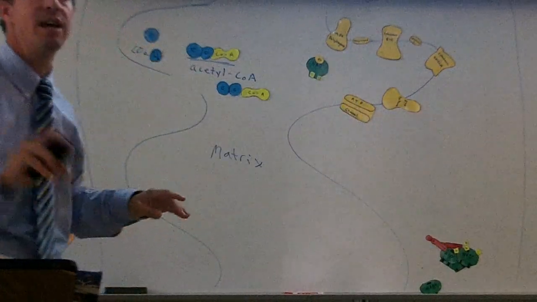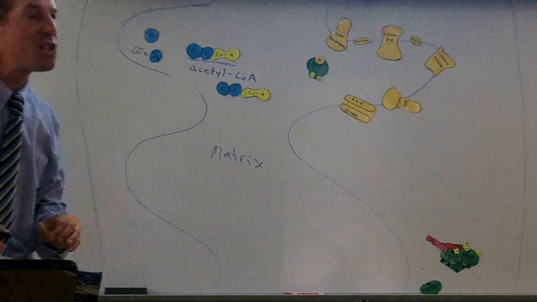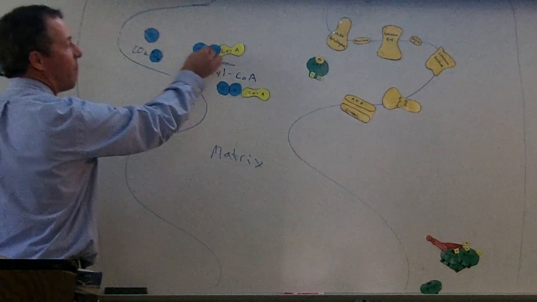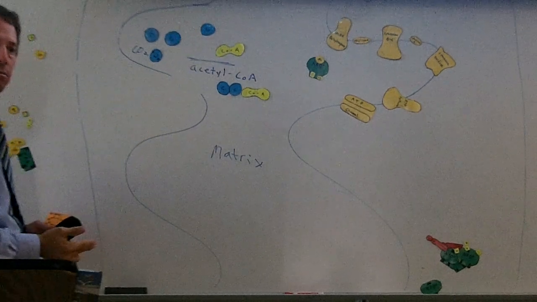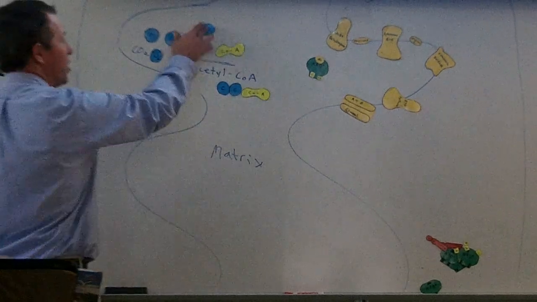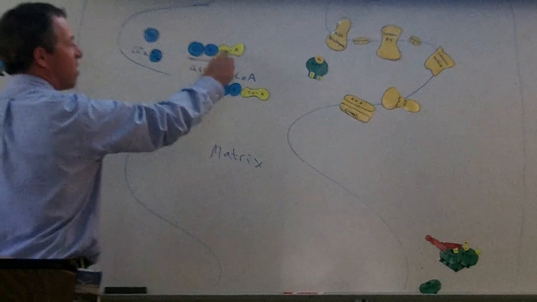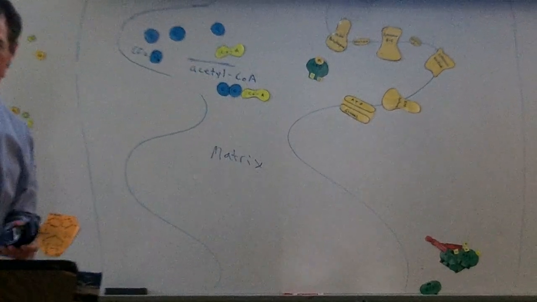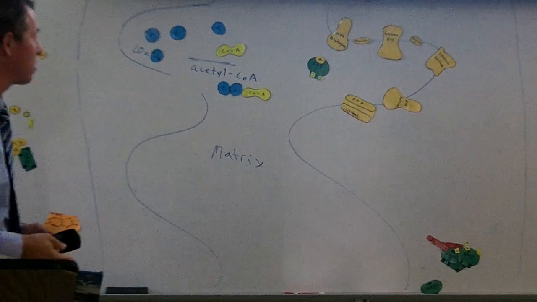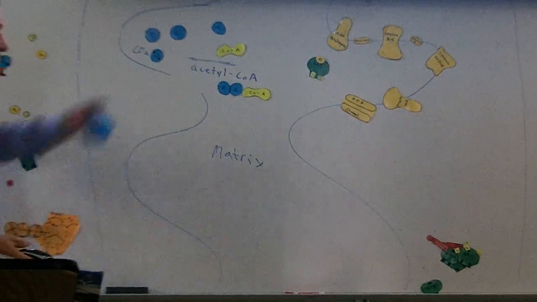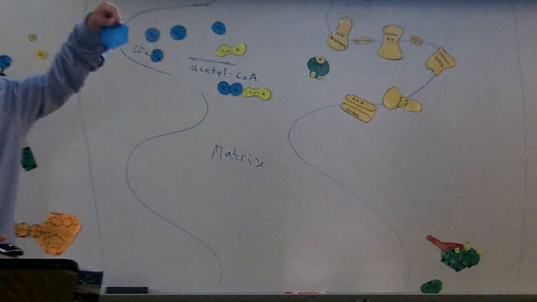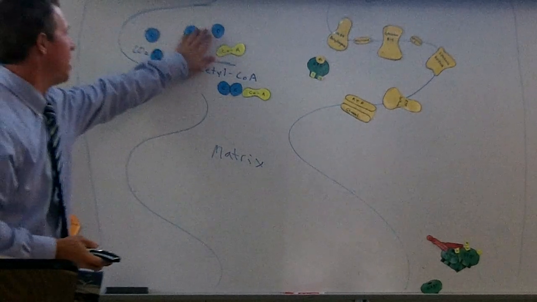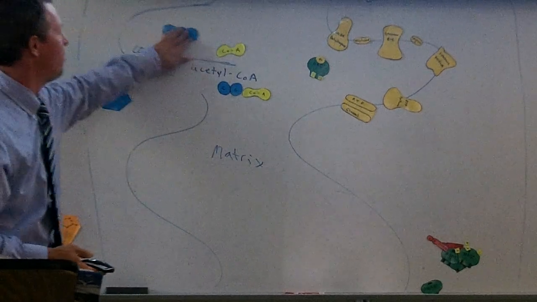What I'm going to tell you is, during the citric acid cycle, this acetyl-CoA molecule is completely torn apart. It came into the mitochondrion as pyruvate.